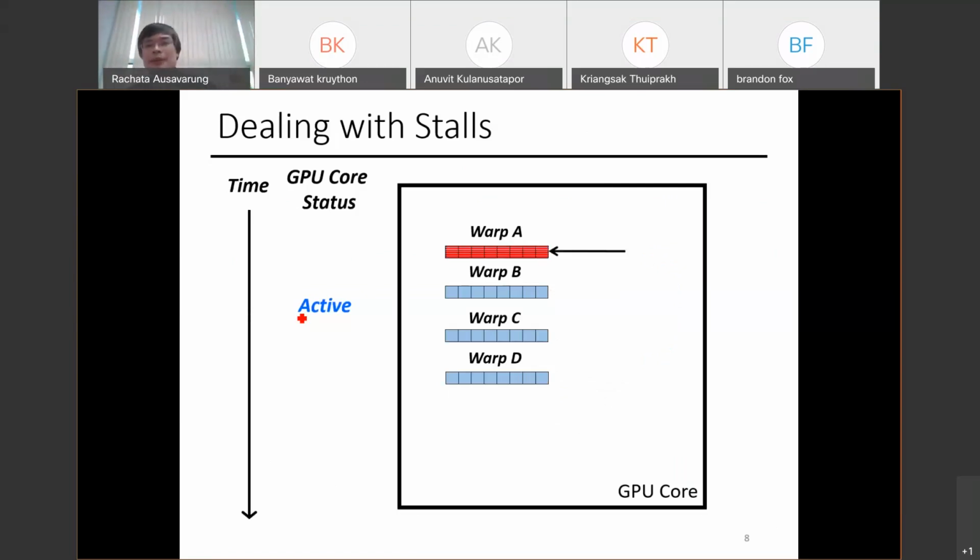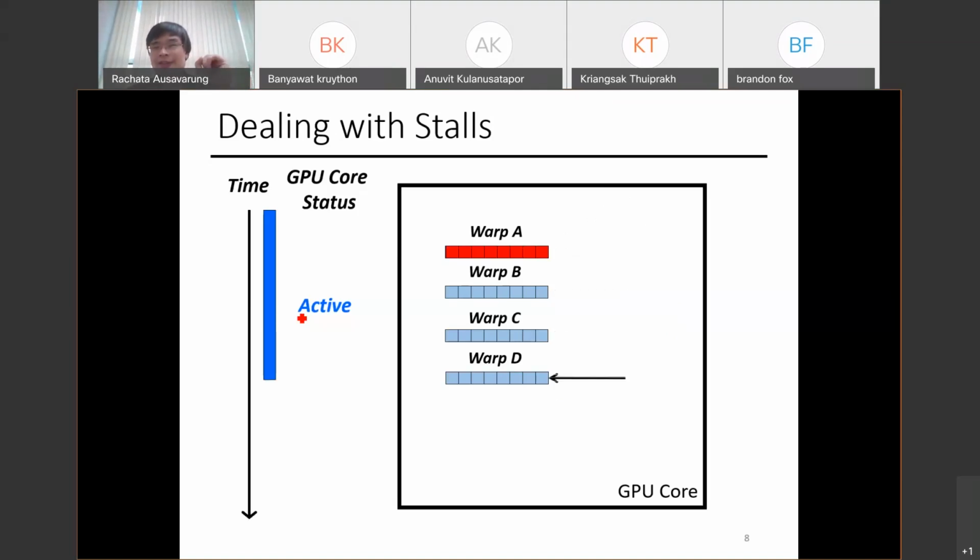And if you have load and store instructions, which is actually now the focus of this lecture, in this case, warp A, because there are 8 threads pointing to the same instruction, is issuing one load that is 8 loads on 8 different pieces of data, right? And because 8 loads would take a while, the GPU would pick these 3 warps to rotate in.